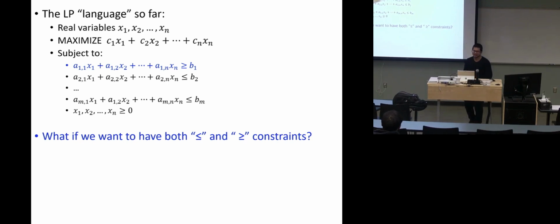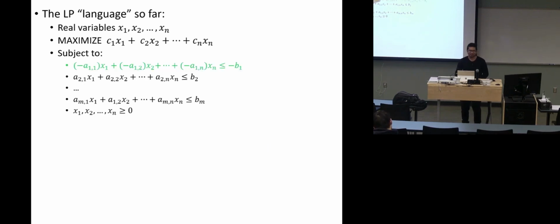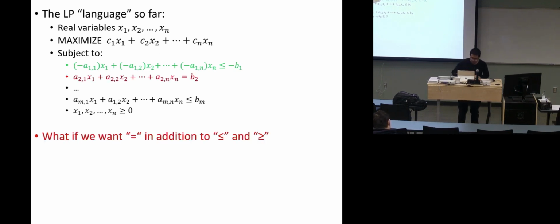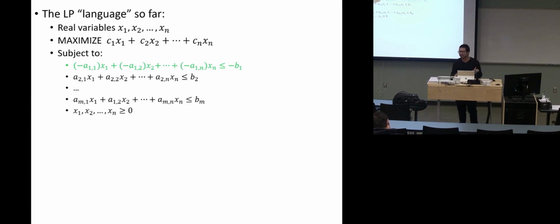We can do the same trick. Put the negative of everything, just multiply the whole inequality by minus 1, and you get at most. Note again that every entry here need not be non-negative. All the aij can be negative or positive. This is fine, the coefficients can be negative, zero, or positive.